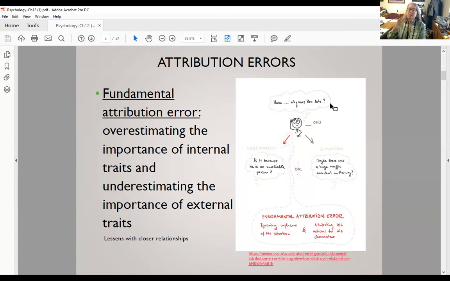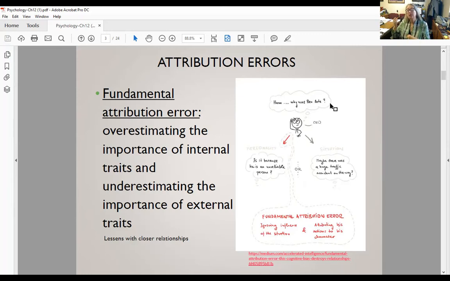And so what the fundamental attribution error says is that most of the time, we are going to underestimate the effect of the situation, and we are going to overestimate the effect of the person's internal beliefs, knowledge, skills, abilities, opinions, and so on. In other words, we're going to be more likely to make an internal attribution than an external attribution.